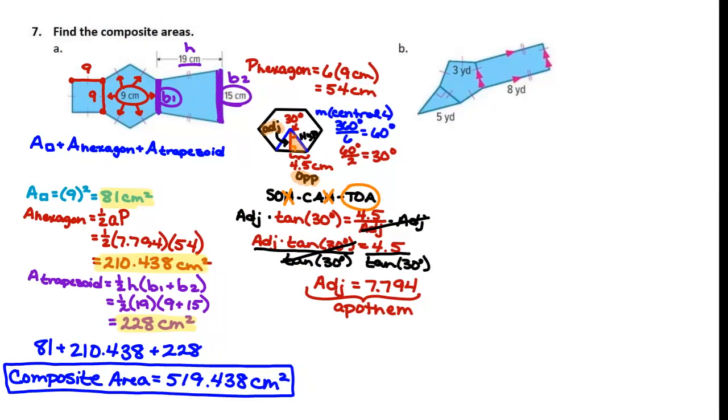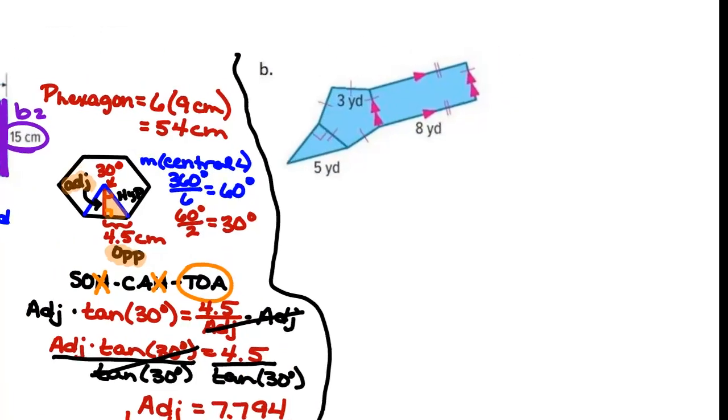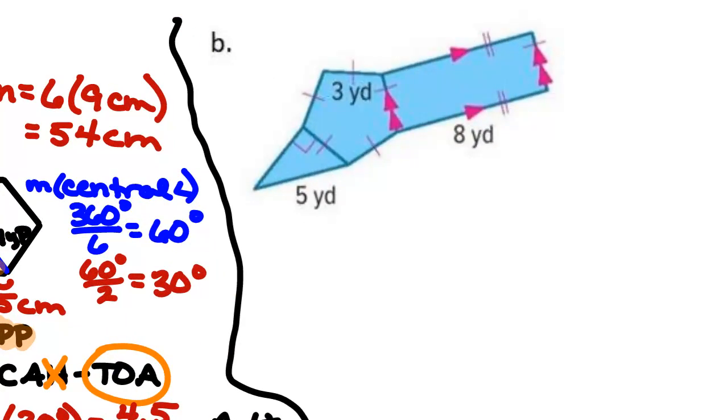All right. That was a good bit of work. Let's try another one. What are the shapes that make up example B? A triangle, so we're going to need the area of the triangle. Plus what?